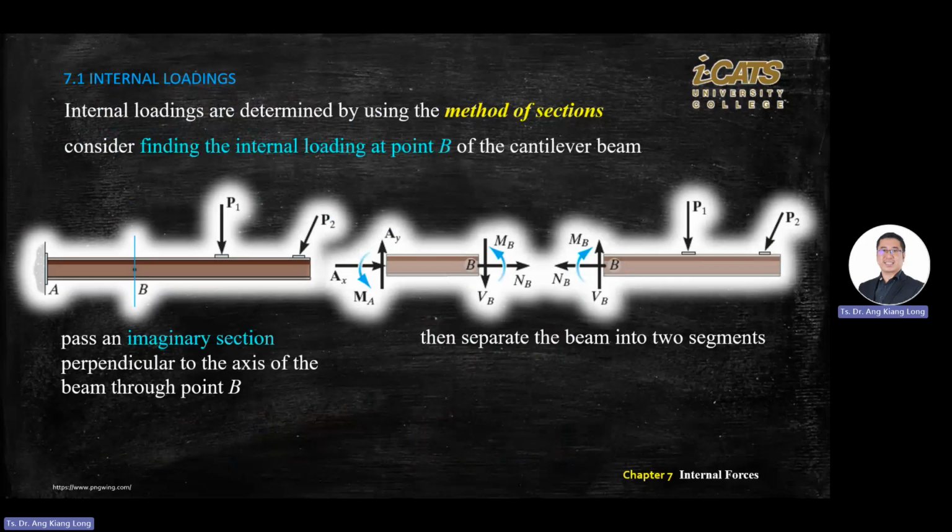Before you find any internal loading, you need to solve the forces at any point that involves external forces. For example, in this case, you need to solve point A forces first, or at least label that there is a force at A, like AX, AY, and a moment at A that is anti-clockwise.